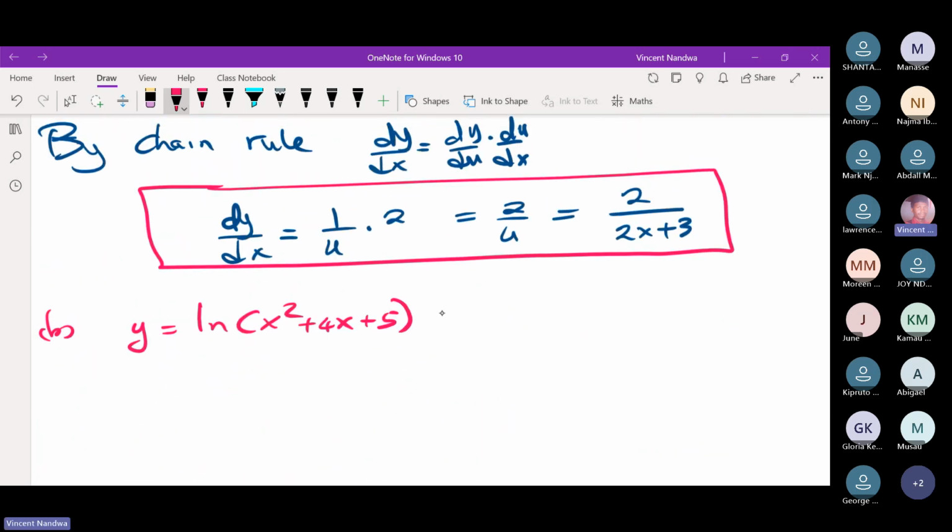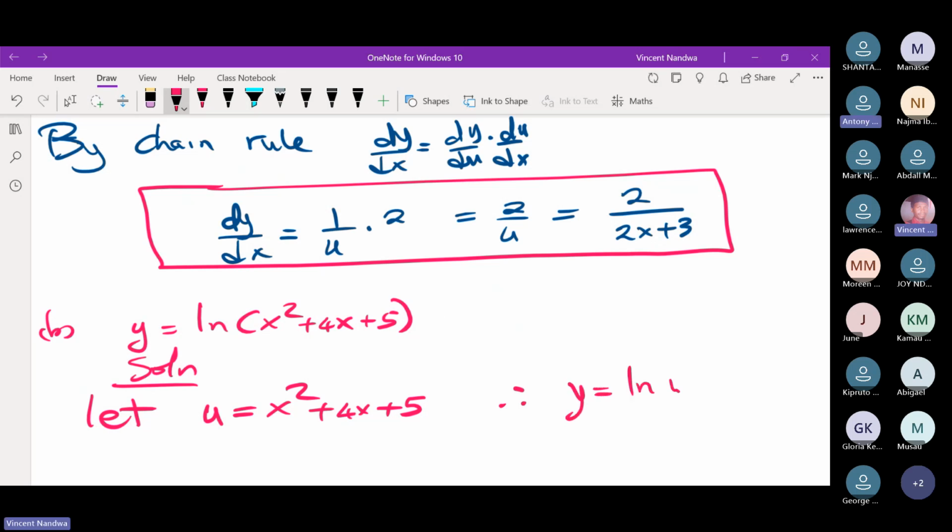So as usual, we let u be x squared plus 4x plus 5. Therefore, by fixing this to u, y will be ln of u.